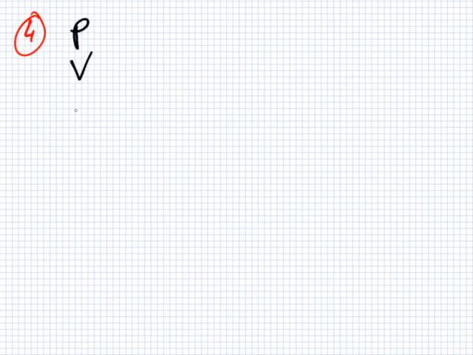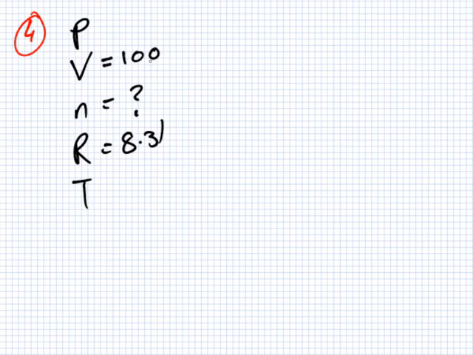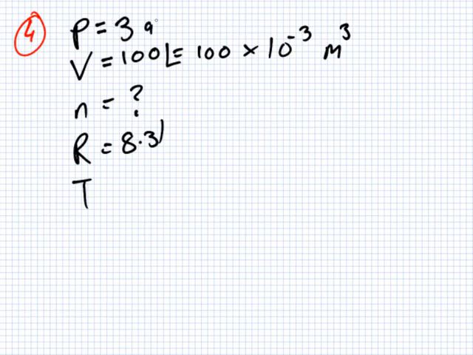P, V, n, R, or T. So the R is 8.31, the n we don't know. What's the volume? 100 liters, which is 100 times 10 to the minus 3 meters cubed. Is that right? And what's the pressure? 3 atmospheres, which is 3 times 101.35 times 10 to the 3 pascals.